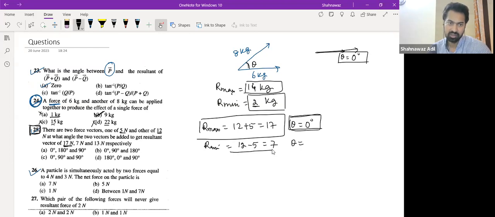Sir, 90. We just talked about 180. So this one gives the minimum, this one gives the maximum, and this one is in the middle. So for 180, yes, you are correct, Rishita. For 180, we get the minimum value.